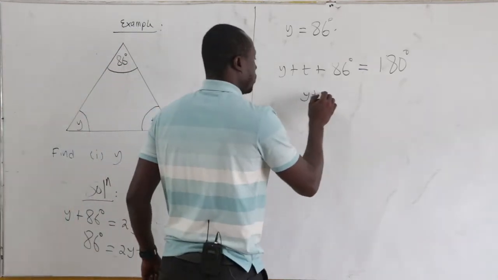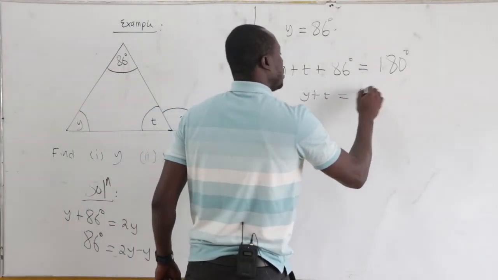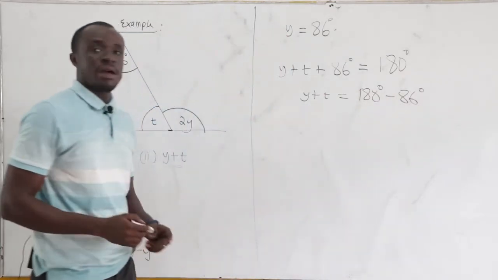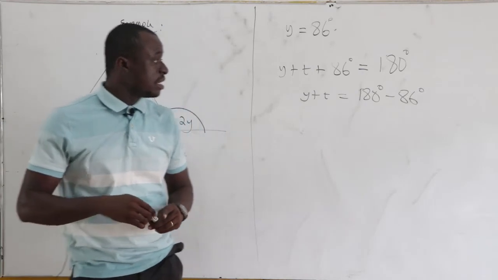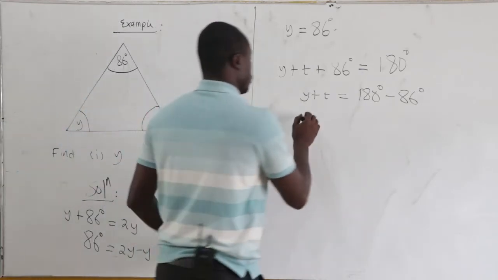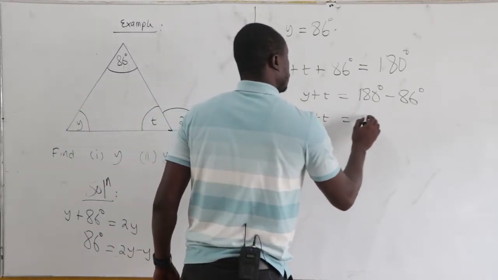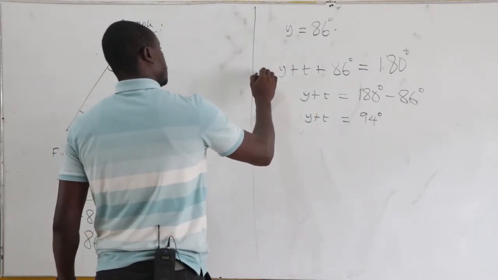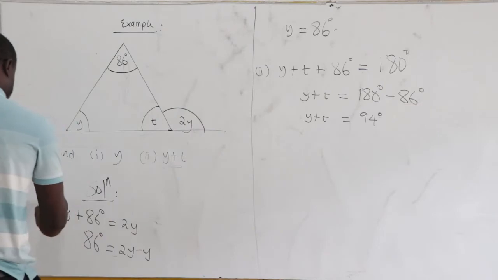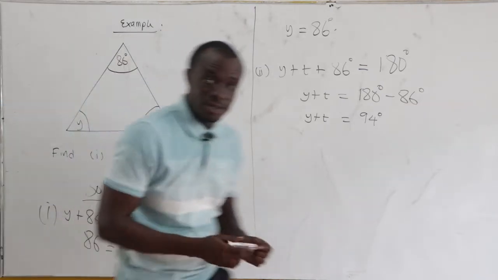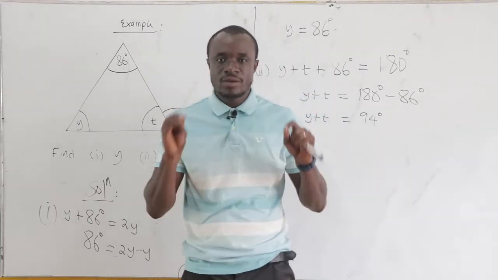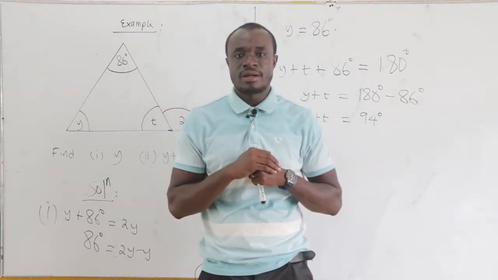So our y plus t equal to 180 degrees minus 86 degrees. Now what is 180 degrees minus 86? And this is just 94. So our y plus t equal to 94 degrees. That is very easy. So the principle, the sum of the two opposite interior angles equal to what? The exterior angle.